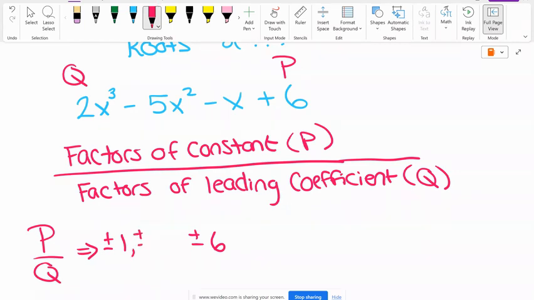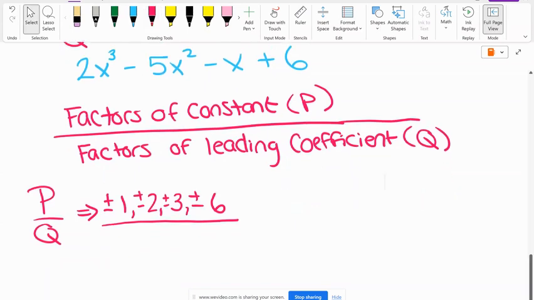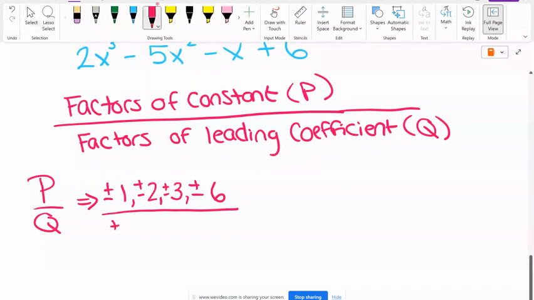And then we could do plus minus 2 and plus minus 3. Are there any other factors of 6? No. All right, and now we're going to do that over the factors of the leading coefficient. So the only factors of 2 are plus minus 1 and plus minus 2.